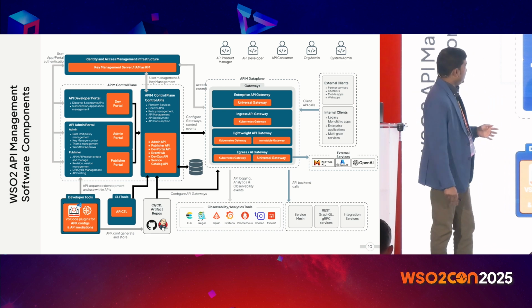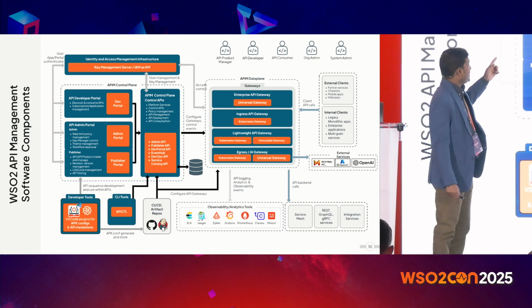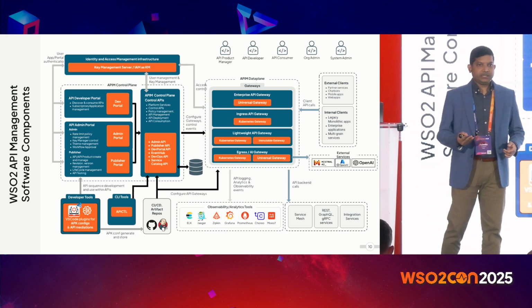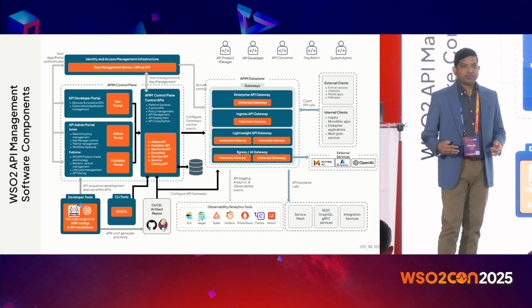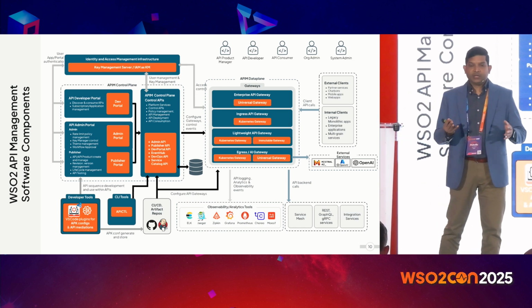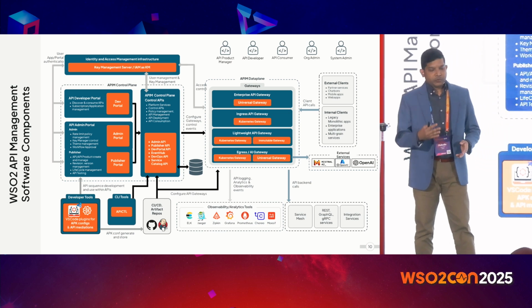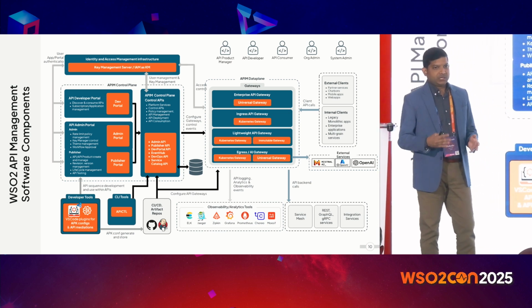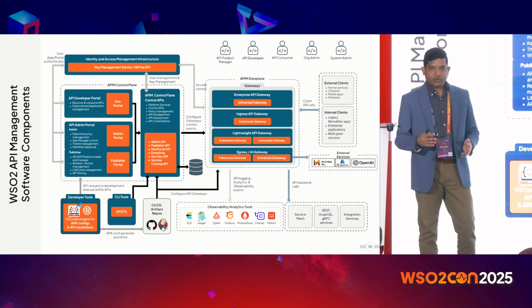And then the last one is the API developer portal. That's where the external developers or application developers come and discover APIs. They can go through the API, understand how it is working, and look at the documentation.